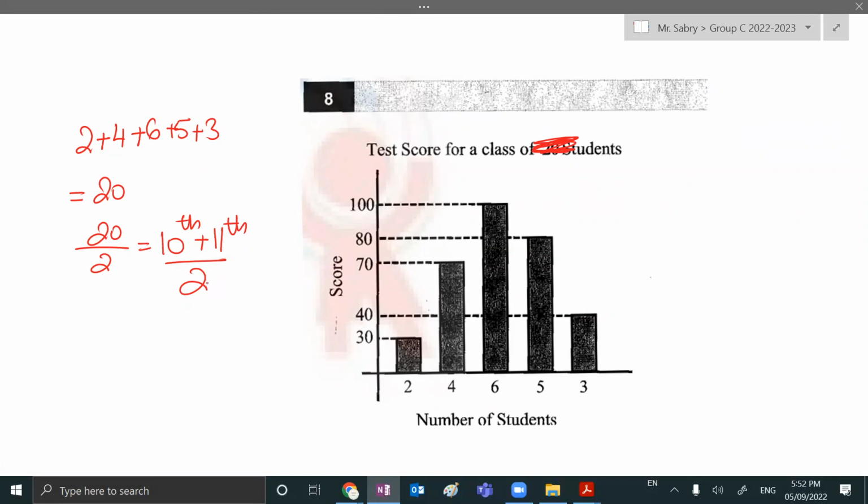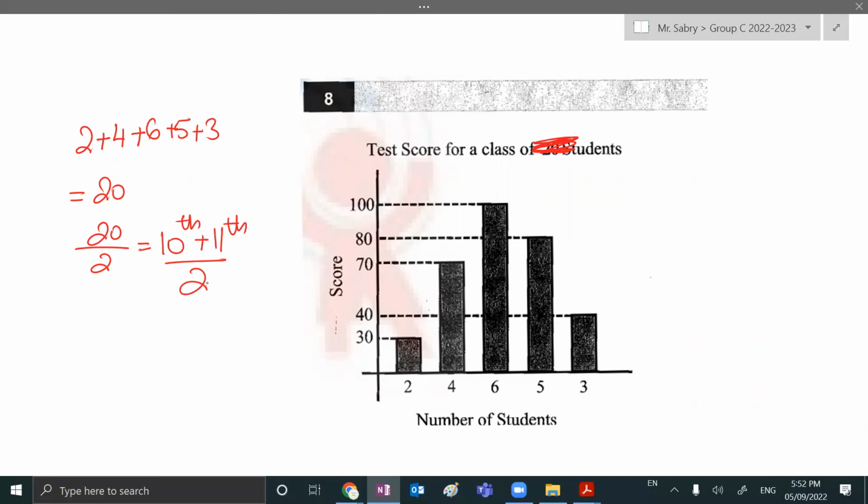So the answer is a score. Wait, so the 10th and the 11th. Yep. What's the first score in the data that I have? 30. What's the second score? 40. No, 30 as well, because the 30 is repeated twice. You get that? Okay.